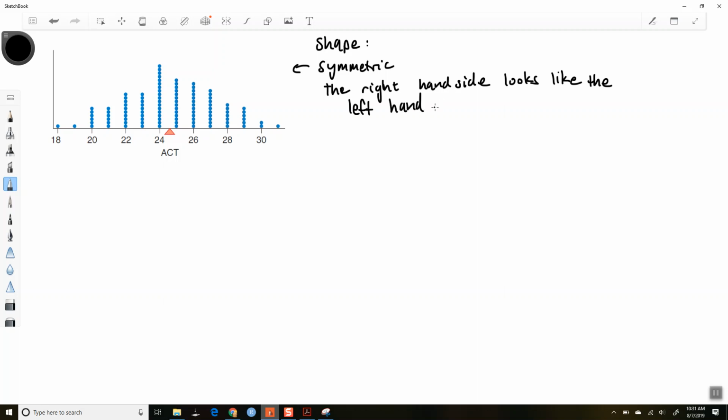What does it mean to talk about the right-hand side? What kind of values do we see on the right? Bigger numbers, right? Values that are bigger than average. The frequency of values that are bigger than average is similar to the frequency of numbers that are lower than average.